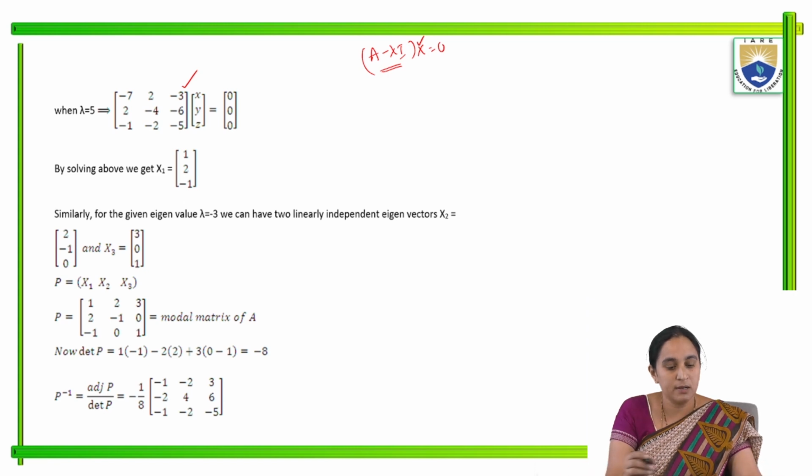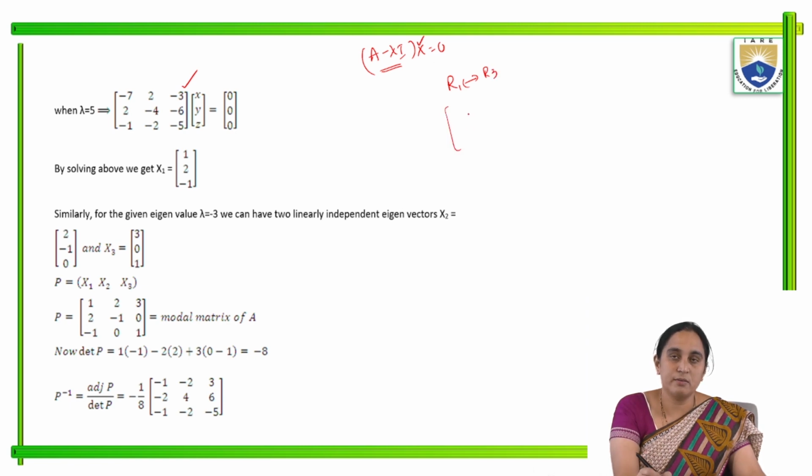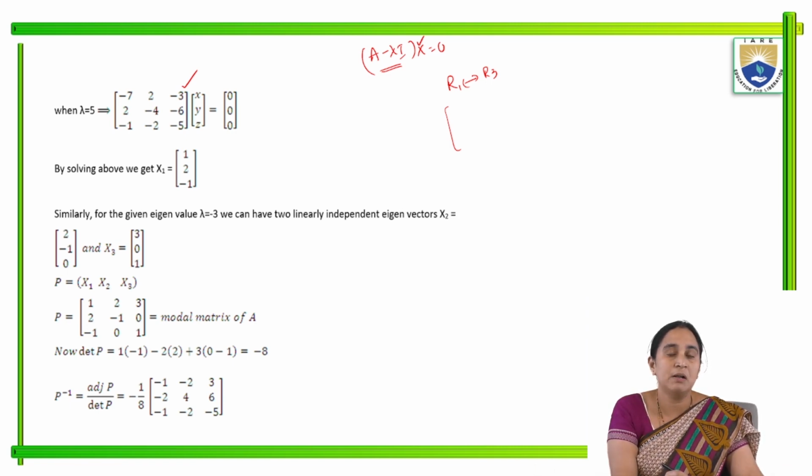Before applying the row operations, I want to change the rows: R1 interchanges with R3. For our convenience, or else we can directly apply the row operations, no problem, but for the multiplication purpose I want to interchange the rows.